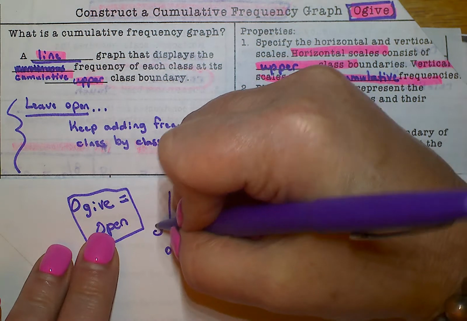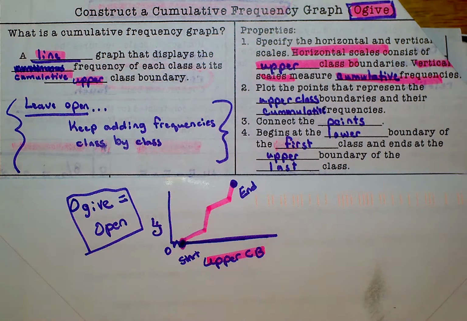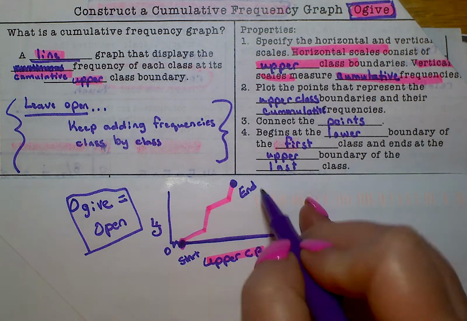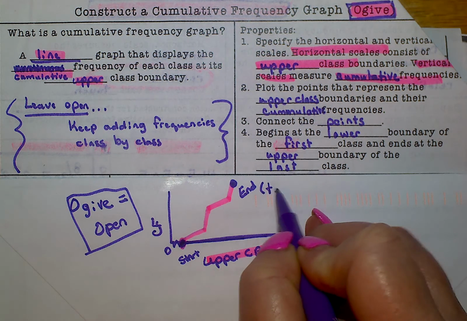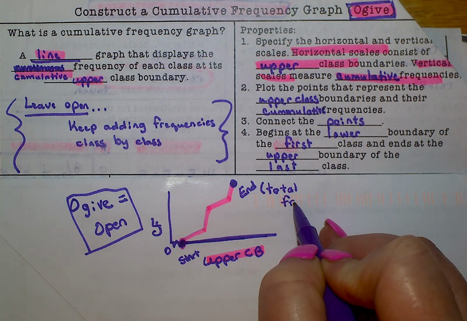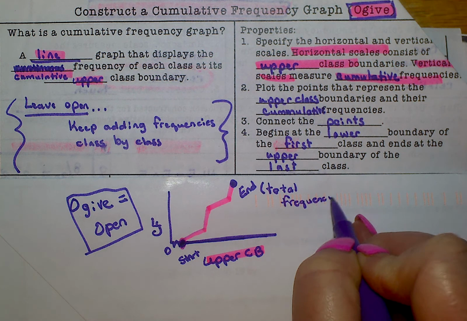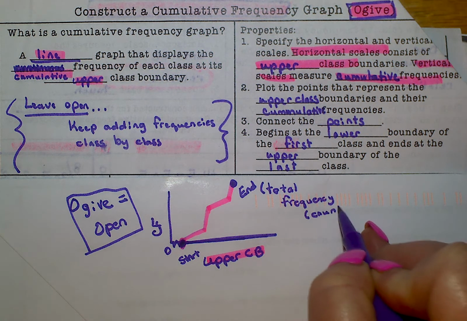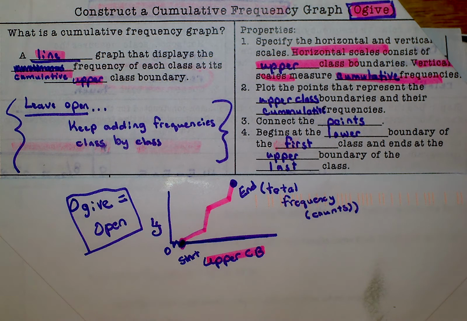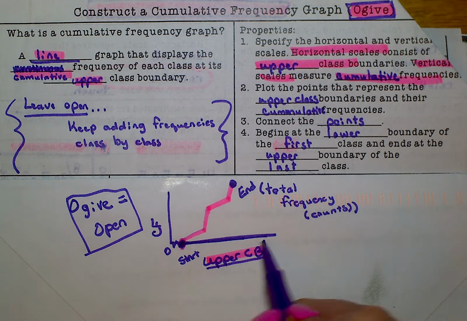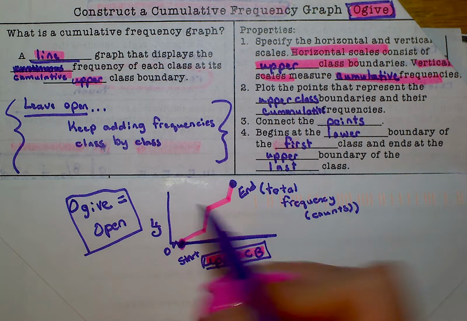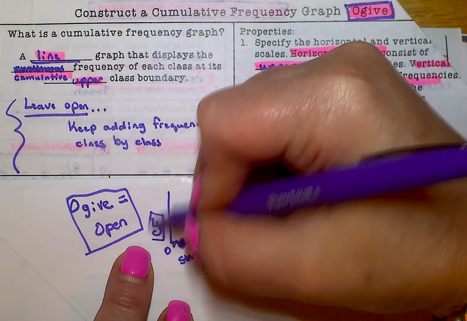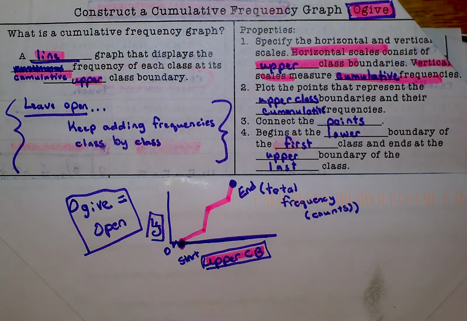This is going to be your CF, your cumulative frequency. So where this ends right there at that dot, that's your total frequency. Now remember us discussing what frequency was? That's your total counts. So that's going to be your total frequency. Your upper class boundary is what you're using here. And right here, you're using your cumulative frequencies. Okay.